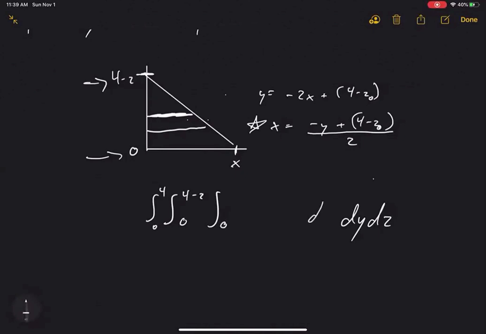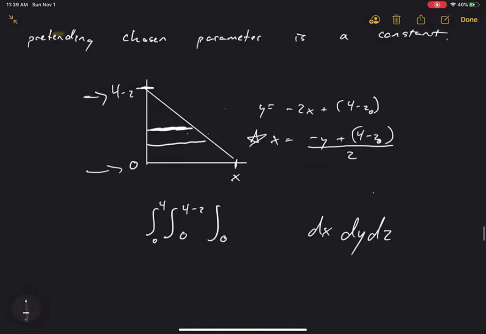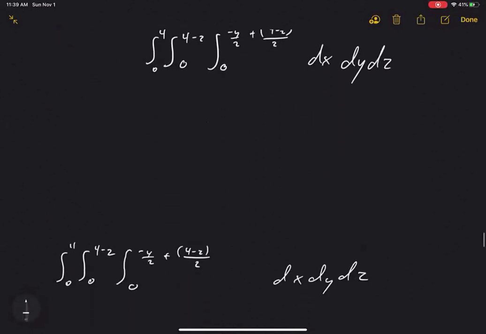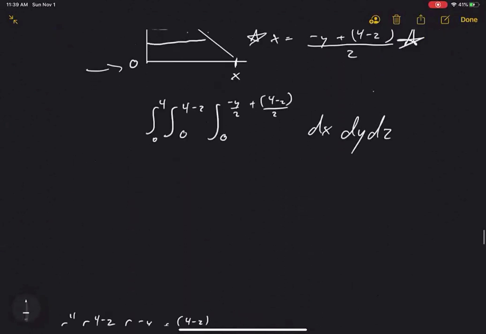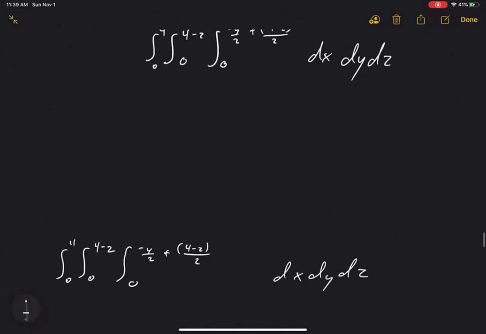My bounds for my x integral should be 0 to the equation of this line, which I've rearranged into this. And those are my bounds. Then the next step is just to integrate.